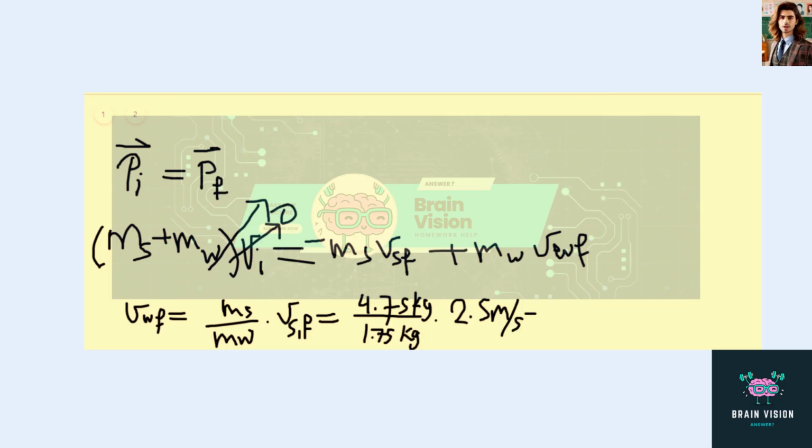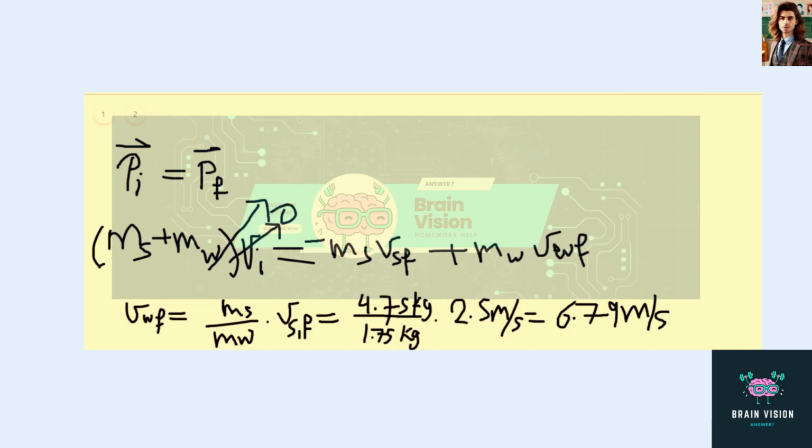When you plug these numbers into your calculator, you find that the speed of the expelled water is 6.79. And don't forget the units, meters per second.